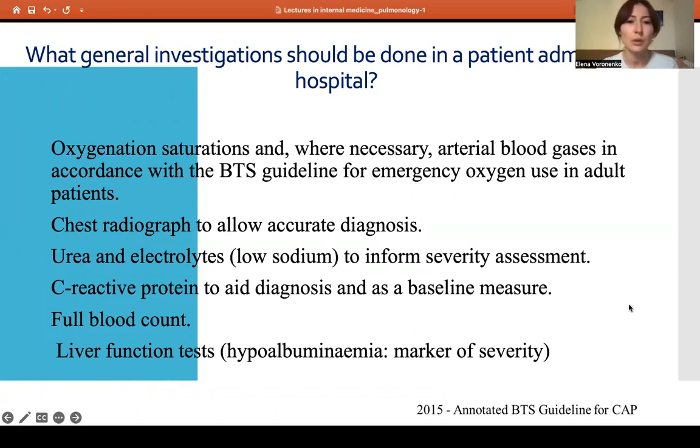Chest radiograph to allow accurate diagnosis. Urea and electrolytes to inform severity assessment. C-reactive protein to aid diagnosis and as a baseline measure. Full blood count, liver function test.